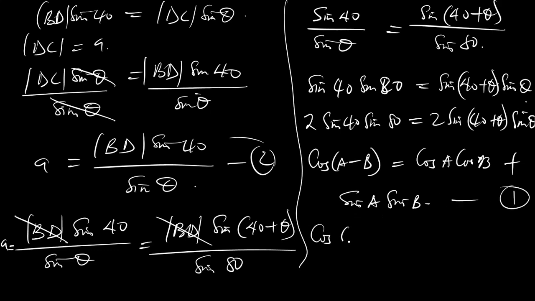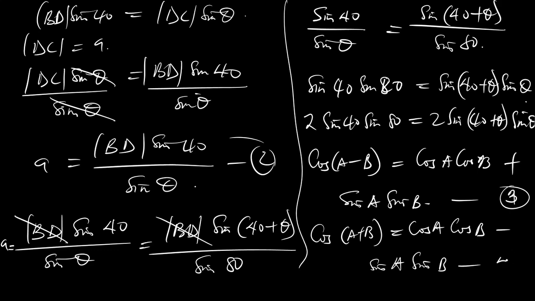We also know that cos(A plus B) is equal to cos A cos B minus sine A sine B, equation 4.